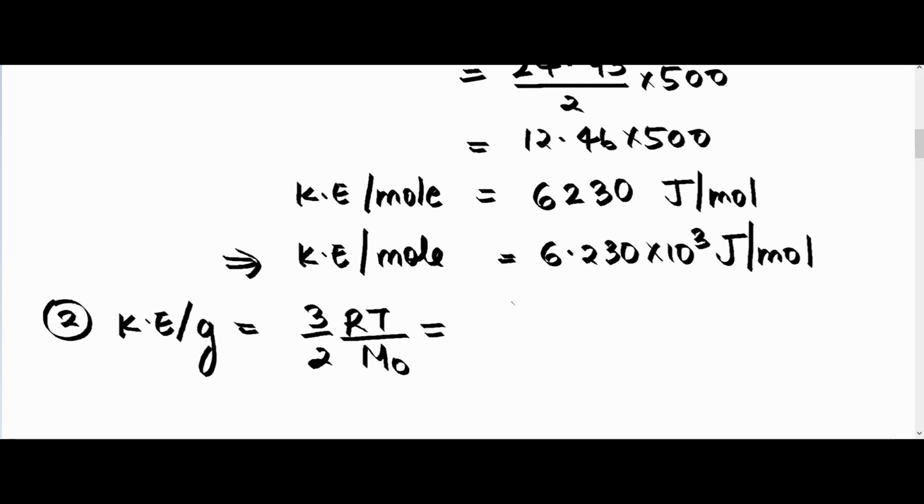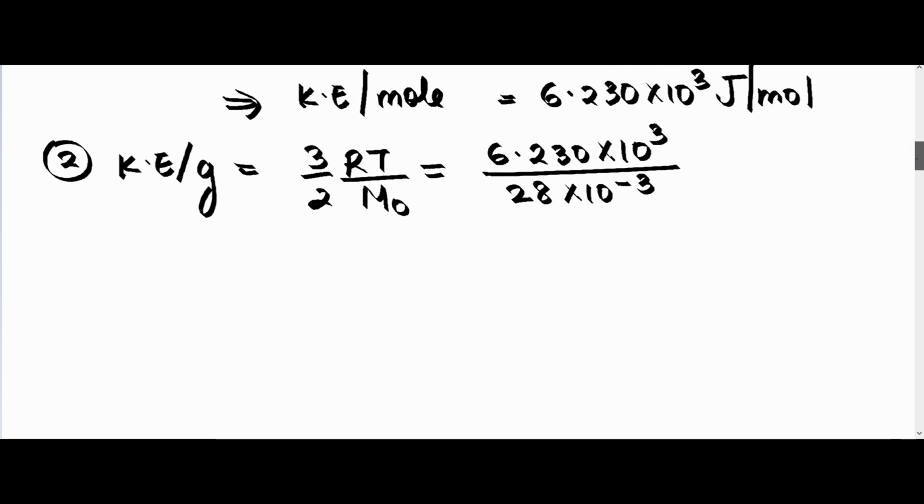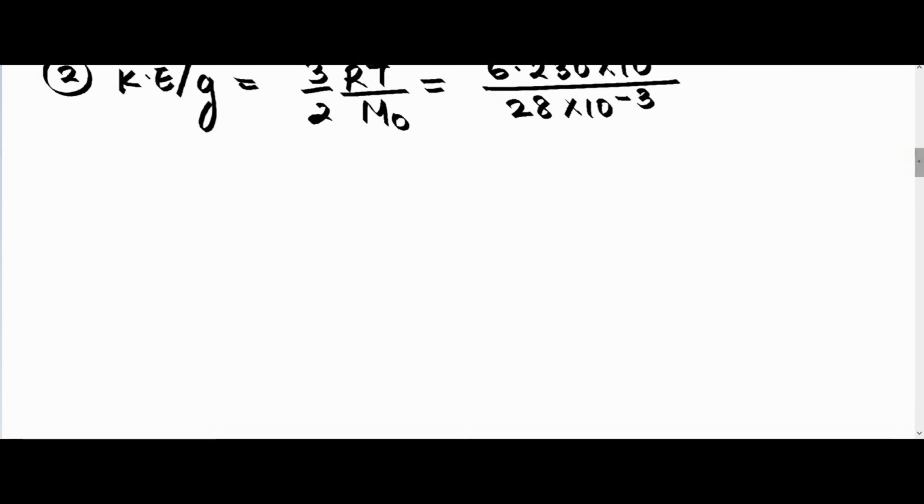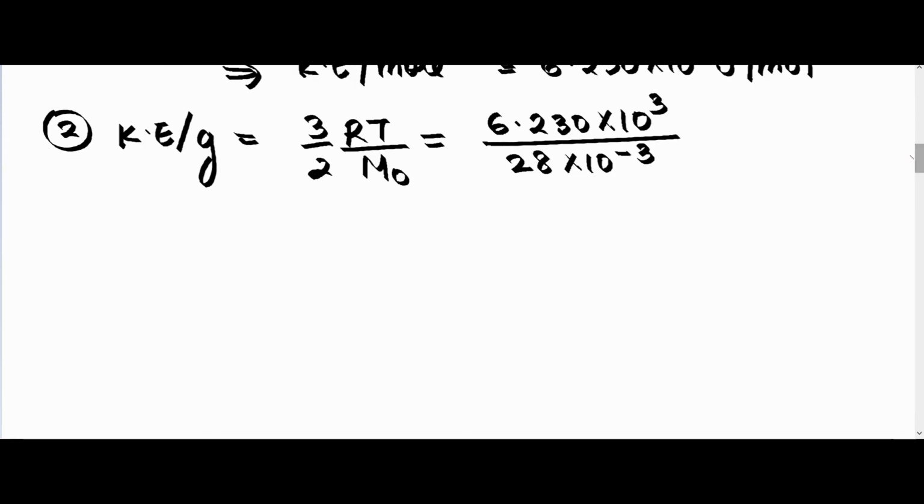So we substitute that value directly and divide it by the molecular weight. 6.230 into 10 raised to 3 upon the molecular weight, 28 into 10 raised to minus 3 kg. We first perform this division in SI units, and later make it grams.